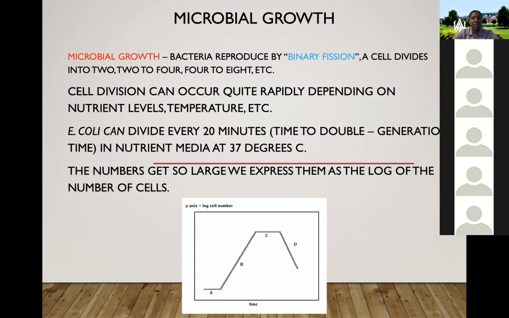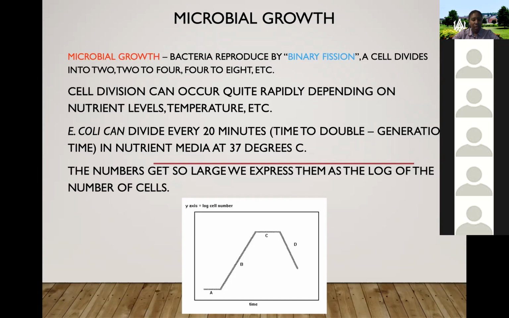When we talk about microbial growth, we're talking about not just growth in terms of size, like in human development, growth and development, one of the requirements for life. In this case, we're also talking about producing more. With microbial growth, we see bacteria reproduce by a process known as binary fission.